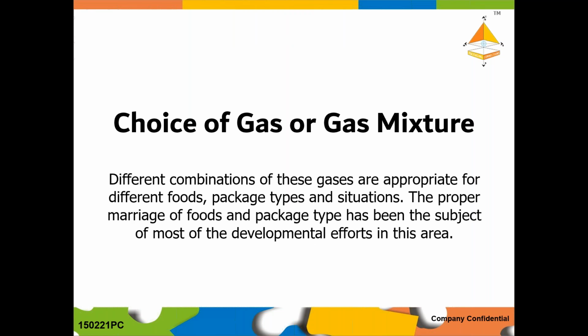Choice of gas or gas mixture. Different combinations of these gases are appropriate for different foods, which I told you, as every fruit and vegetable has its own needs. So as a packaging technologist, we will have to work with the food technologists and find out what combination is required for a particular fruit and vegetable, and accordingly the packaging has to be designed.